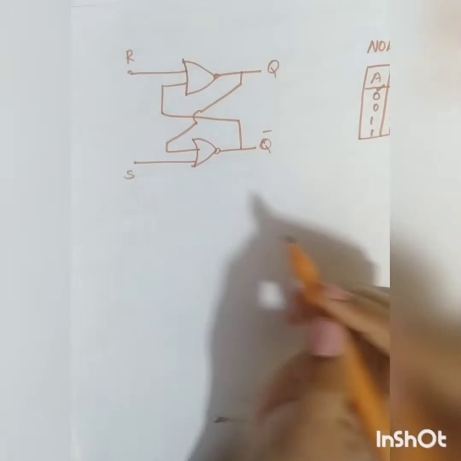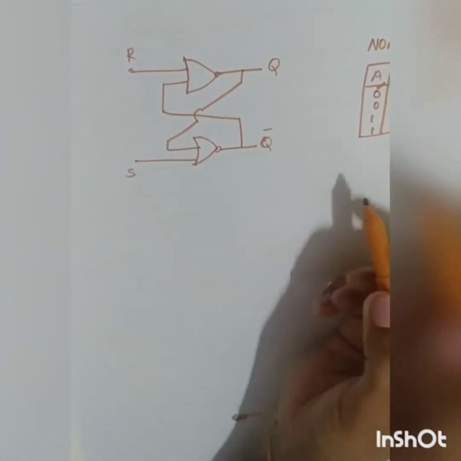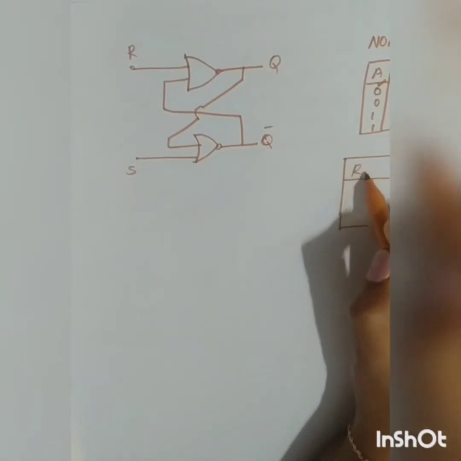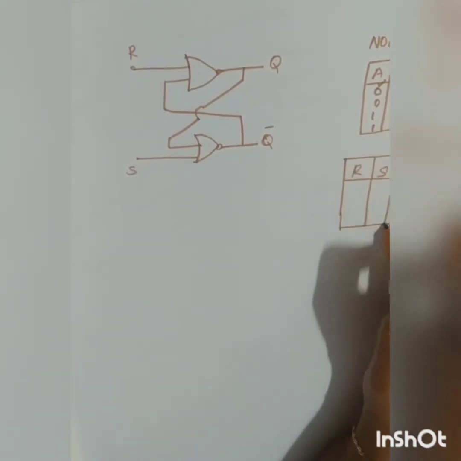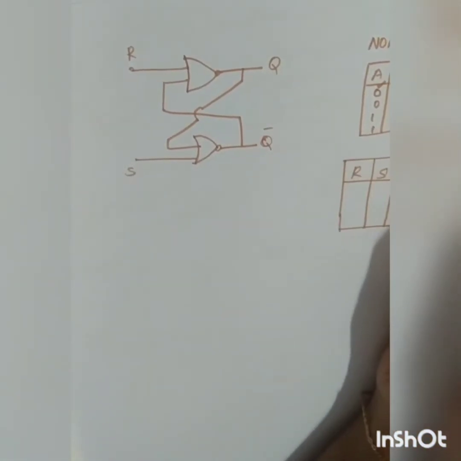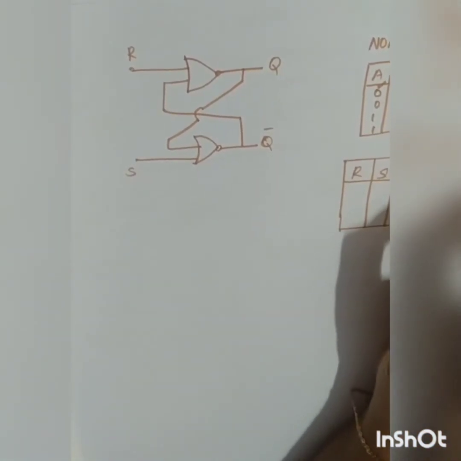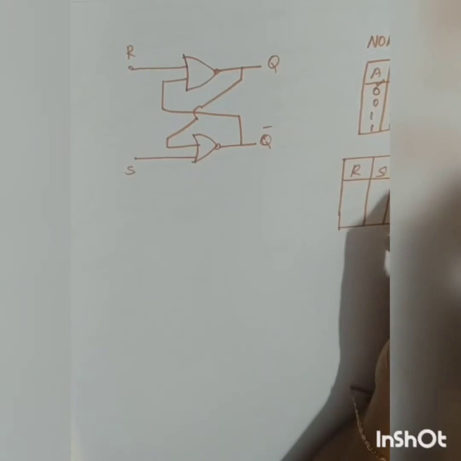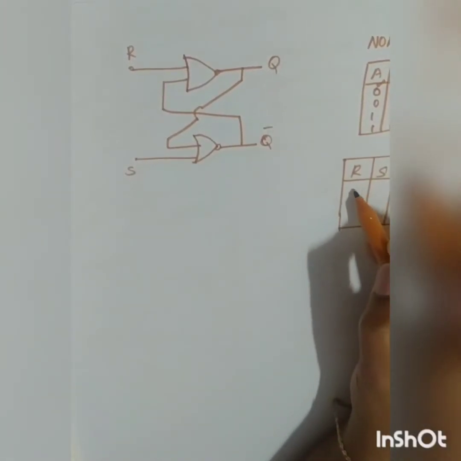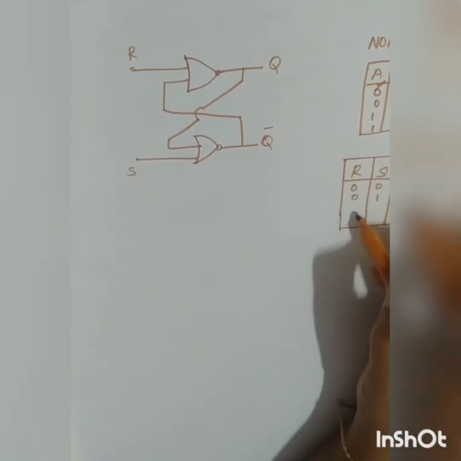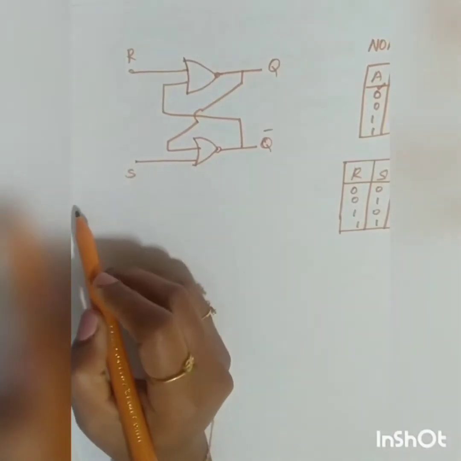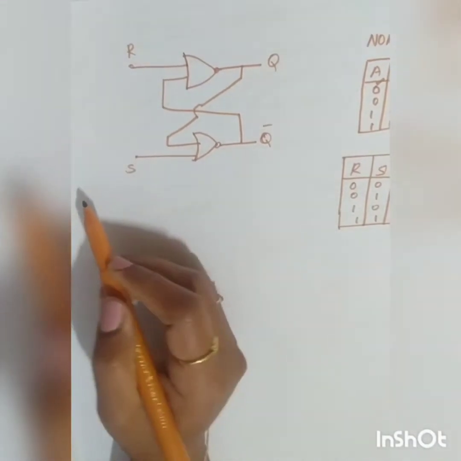Now let's go for your RS. Now you have to draw the truth table of your RS latch. So this is called RS bistable or RS latch. What is the difference between a latch and a flip-flop? I'll tell you. Output Q. Here also you have four combinations 0 0, 0 1, 1 0, 1 1.